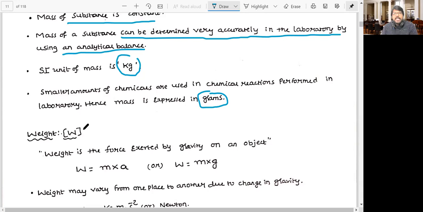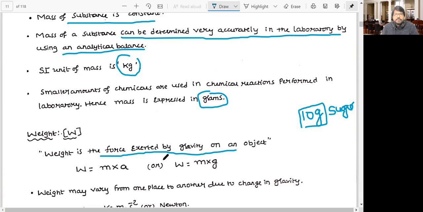And the weight, the symbol is W. So what is the exact definition of weight? Weight is the force exerted by gravity on an object. For example, let me take the same example, 10 grams of sugar you have taken. In this context, this is mass, but we are now talking about weight.